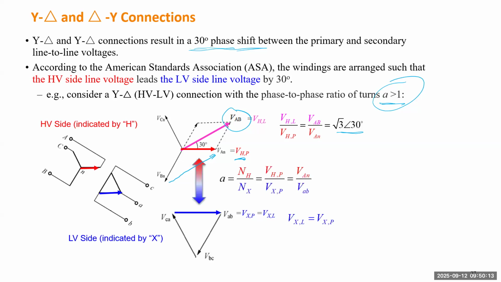And the ratio A is actually between each phase. So it will be the number of turns of the high voltage side divided by the number of turns of the low voltage side. So we need to make sure to use the phase voltage. So here is just capital VAN to lowercase Vab.